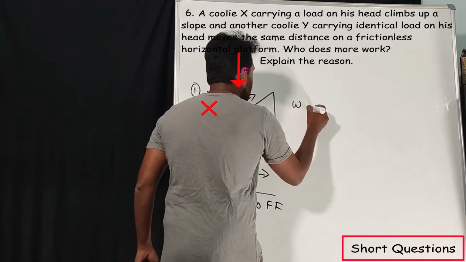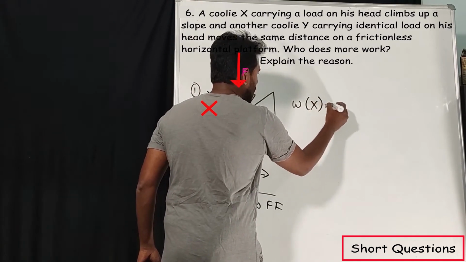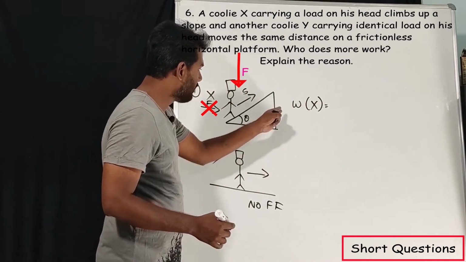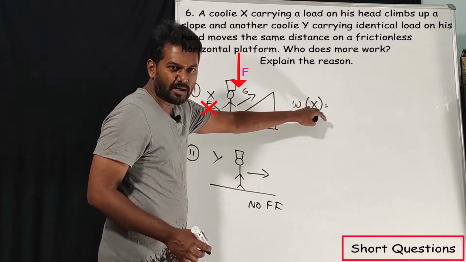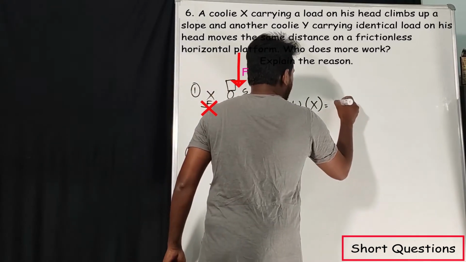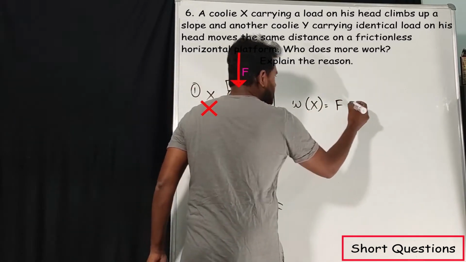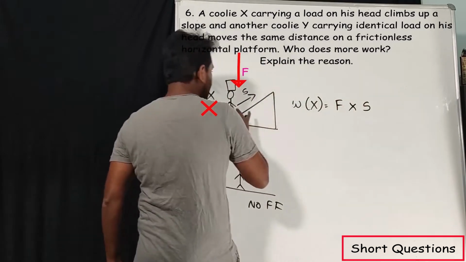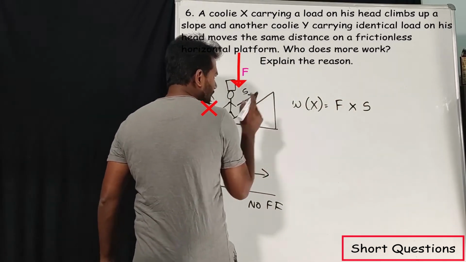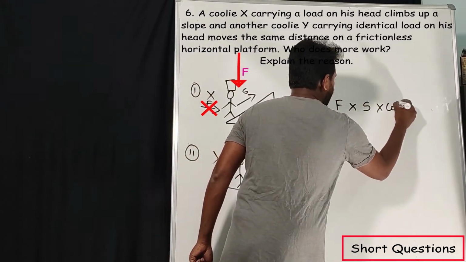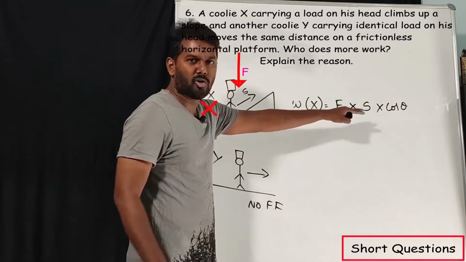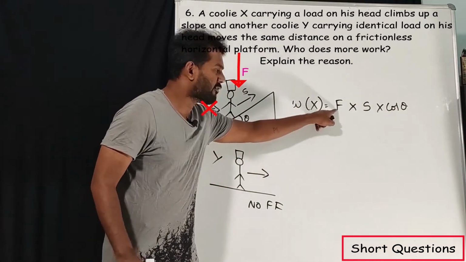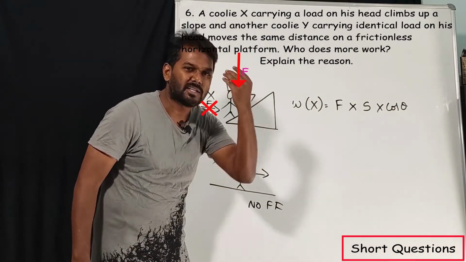Work done by the coolie X, you have to write it in full form. Work done by X will be force, displacement and the angle between them. We don't know the value of this angle, so we are going to get some value.